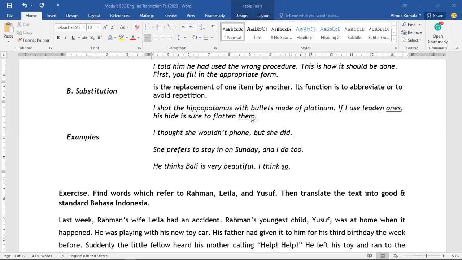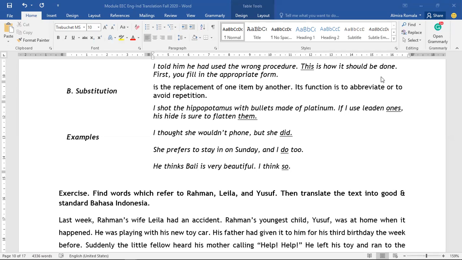Therefore, guys, we can use substitution to replace the repeated word. Instead of repeating the word "bullets," we can just use "ones" and "them." But make sure that it has a clear reference like in the first example.